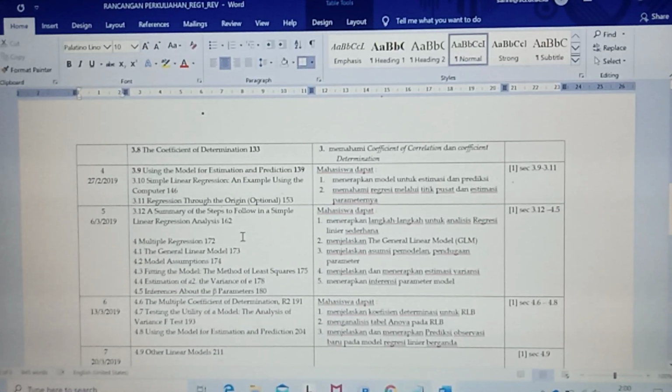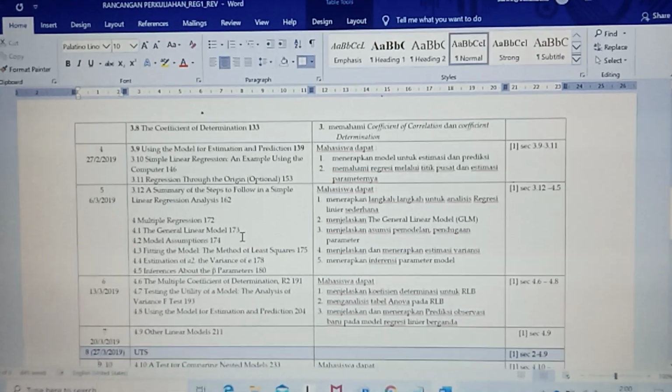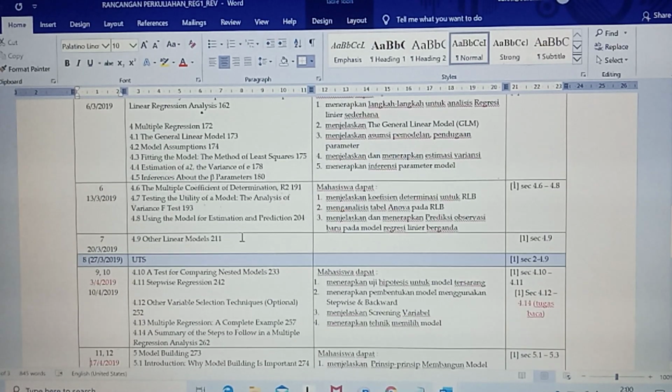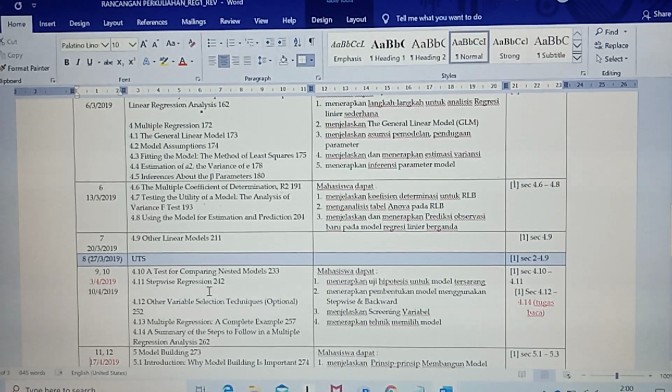Up to now we have finished multiple regression analysis and we've done the mid-exam, so we should be continuing with other linear models. We already discussed some of it before the exam, but we will have a little more look at this topic later, and we will also be discussing the test for comparing nested models and stepwise regression, but we will see how we go for today.